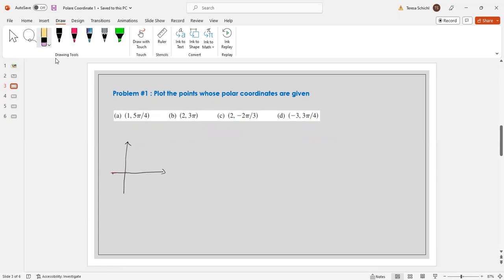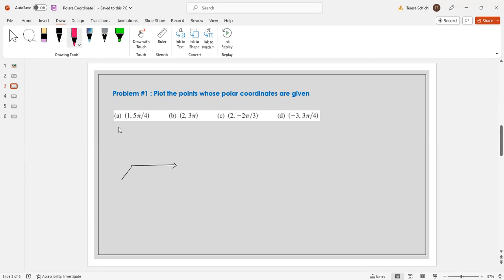Let's just put the polar axis here. This is my polar axis. Now my angle is 5 pi over 4. 5 pi over 4 is a little bit bigger than pi, so it will go to here.